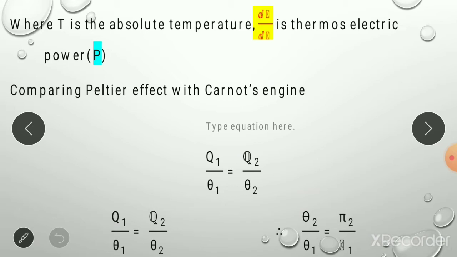It can be represented by capital P also.